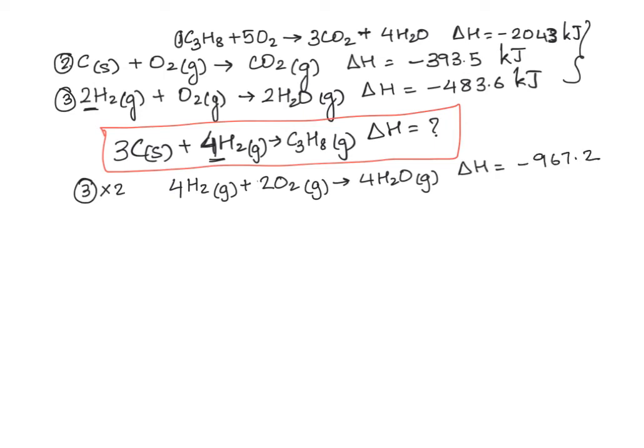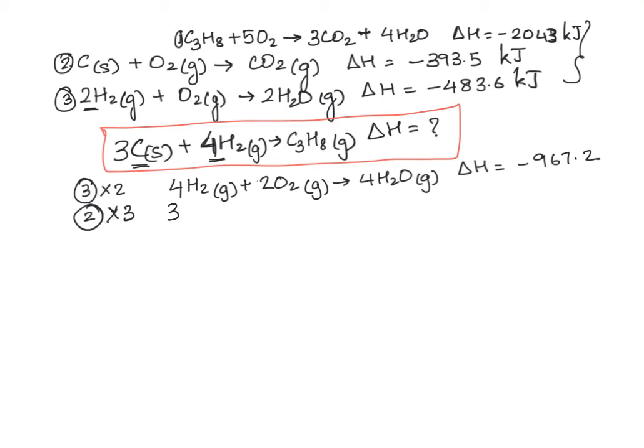In the reaction that we're interested in, we're seeing that there are 3 carbon solids on the reactant side. So let's multiply equation 2 with 3.